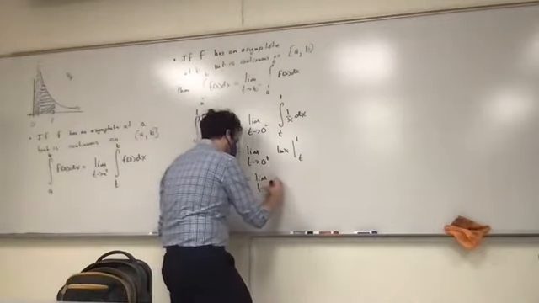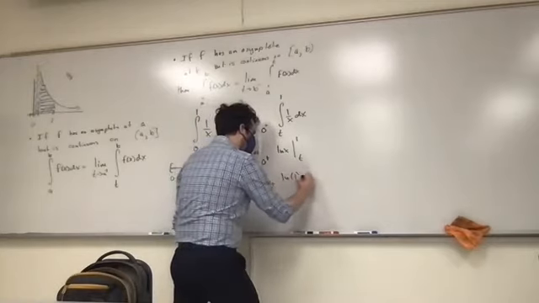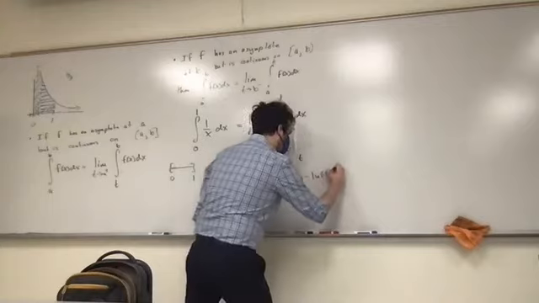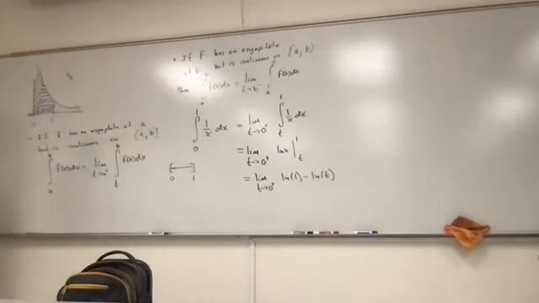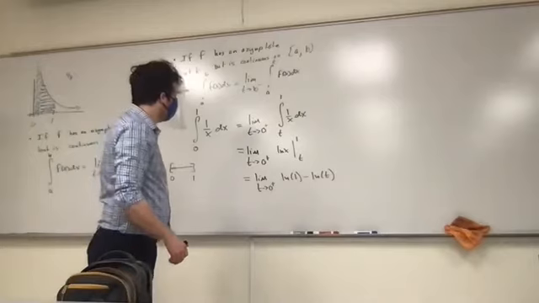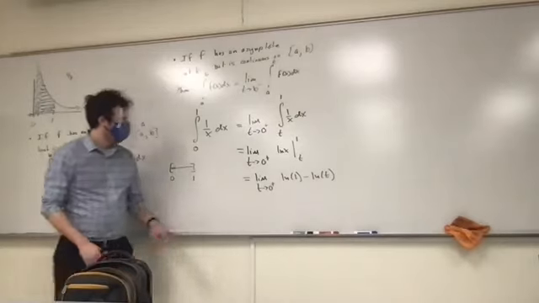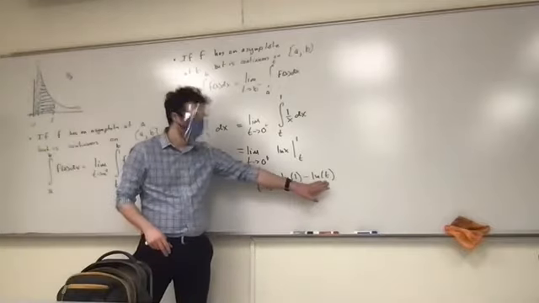So the limit as t goes to 0 from the right, the natural log of 1 minus the natural log of t. And now we'll need to remember, well, what happens in this second limit?